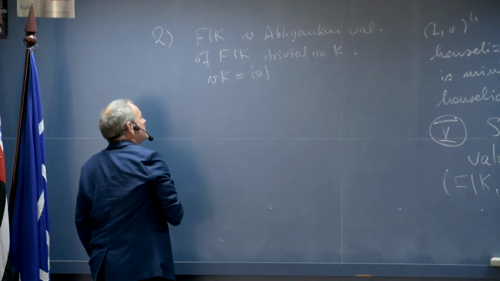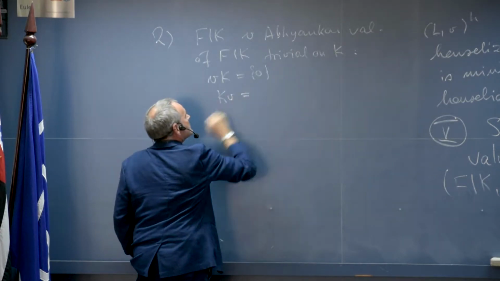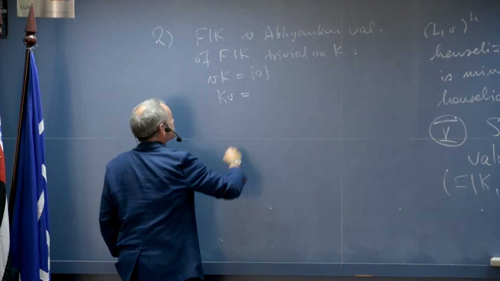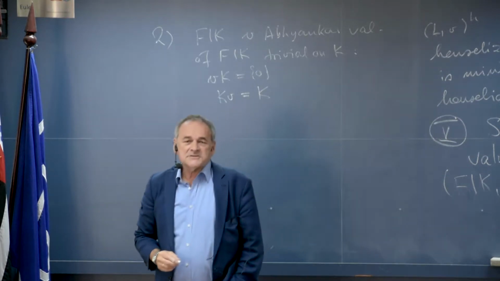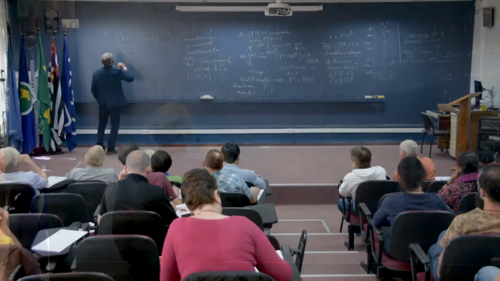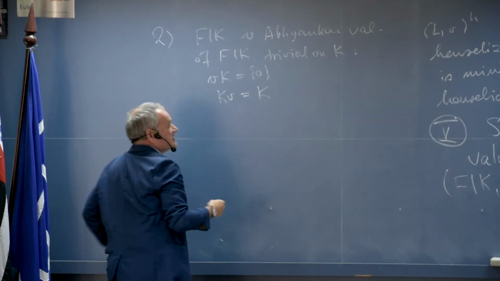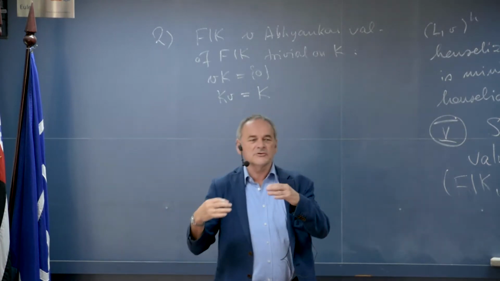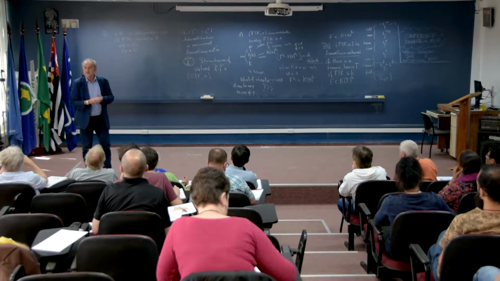And Fv, modulo equivalence of valuations, you can assume that this is k. And we also already mentioned that if we have an Abhyankar valuation, we have this wonderful property that the extension of the value groups and the extension of the residue fields both are finitely generated.